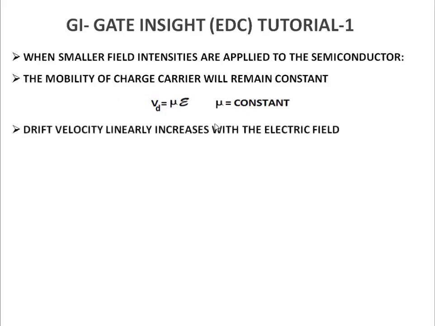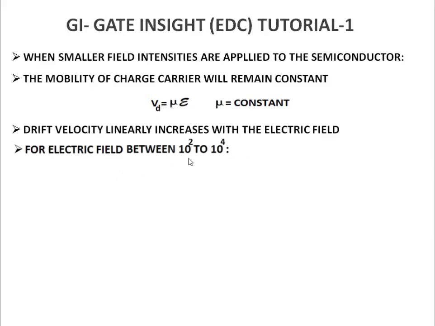So if you put mobility as constant, the drift velocity linearly increases with the electric field. Remember that. If we put the value of mu as constant here, then there will be a proportional relationship between Vd and E.